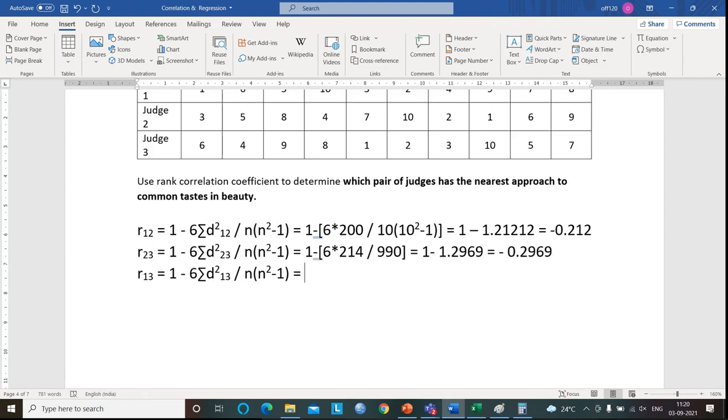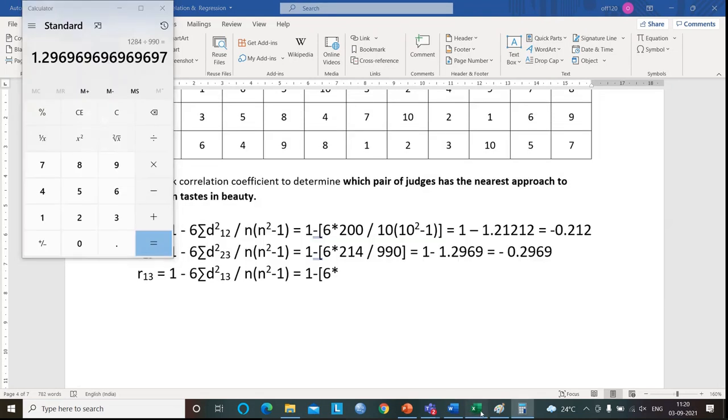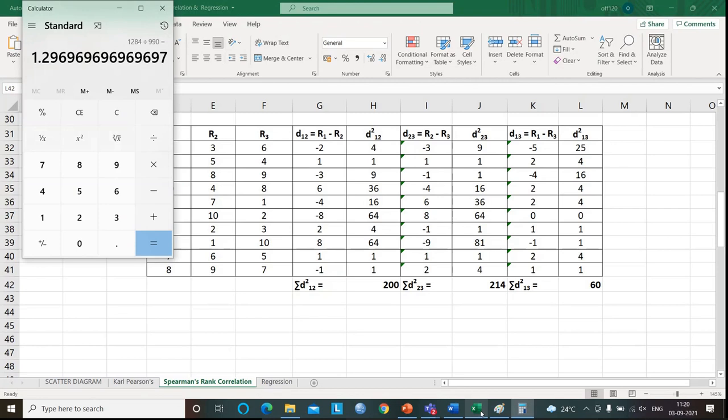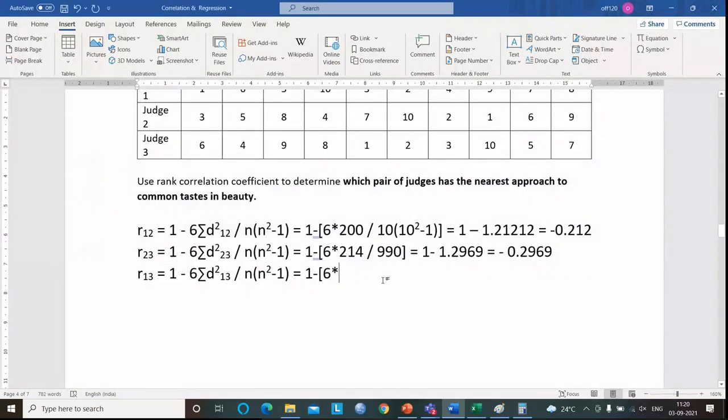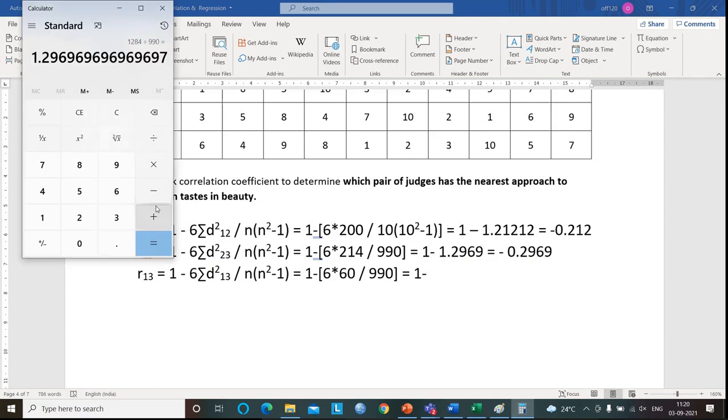And the last one is 1 minus 6 into the last value, which is 60, divided by 990. So 6 into 60 becomes 360, right?